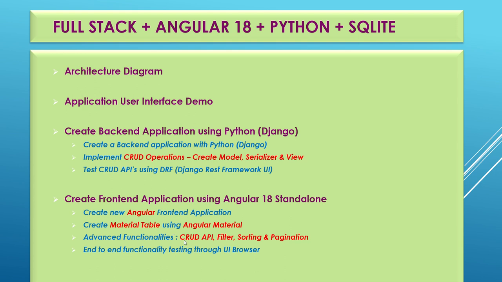Apart from that, we are also going to implement some advanced functionalities, like CRUD operations, and alongside that we are also going to implement search filter, searching, sorting and pagination using this Angular Material table. And we will test our end-to-end functionality through the UI in the browser and verify whether all those functionalities are working as expected or not. So this is all the points which we are going to cover in this video.